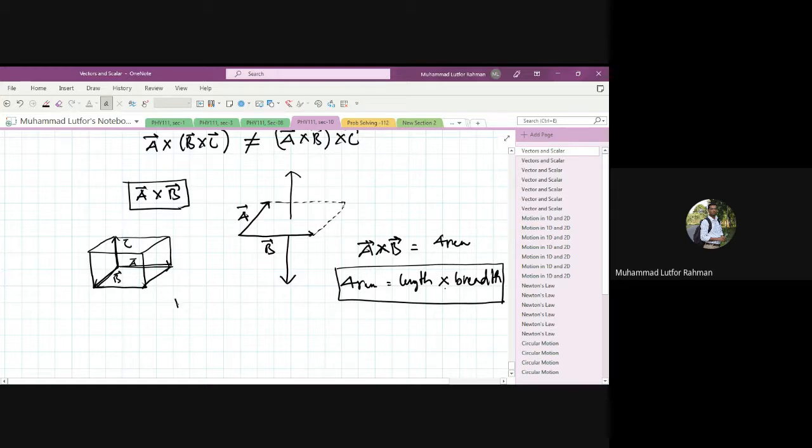Now, if you find out A dot B cross C, what will it give you? So the area, I guess, or the total product of this one.